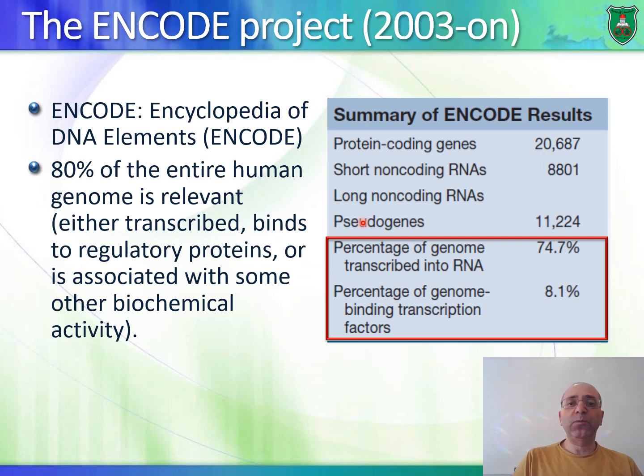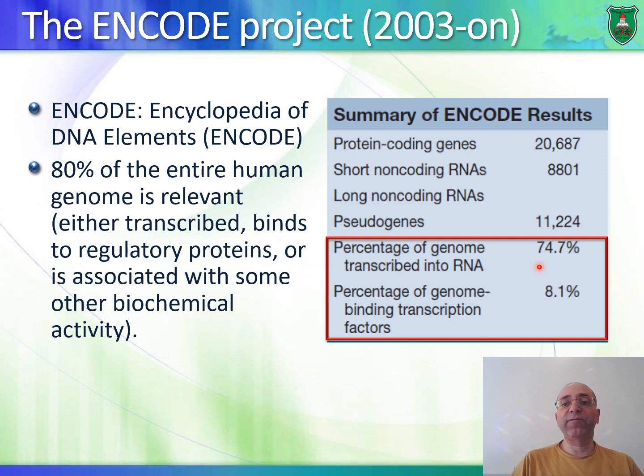Well, what's really important about the ENCODE project is that they were able to find out that 75% of the human genome is transcribed into RNA. They thought that it was only 2% of the human genome that is transcribed. But it turns out that about 75% of the human genome is transcribed.